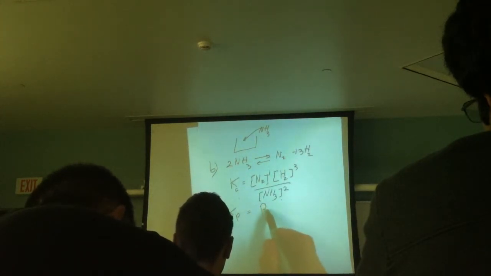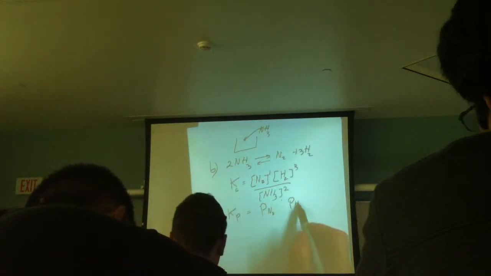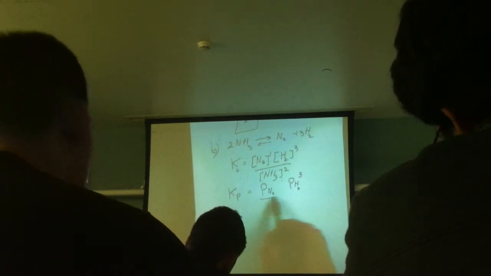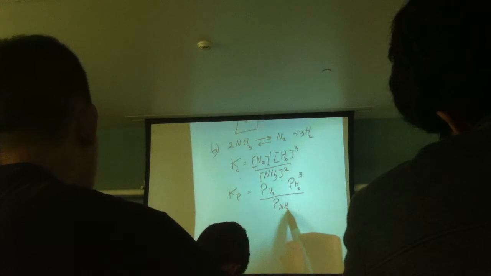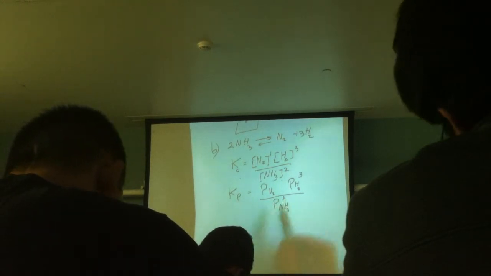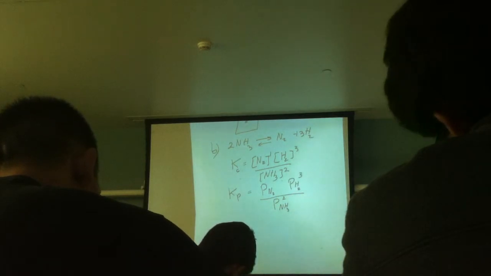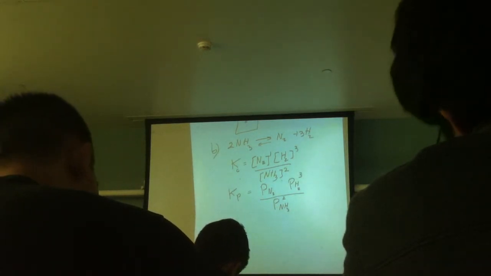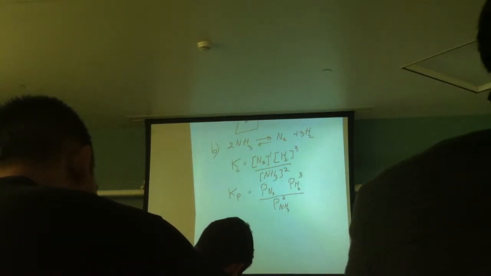The partial pressure of nitrogen, the partial pressure of hydrogen raised to the power 3, the partial pressure of ammonia. And people say, teacher, what's the relationship between concentration and pressure? If there is more gas, if there is high concentration, of course it will be hitting on the inner wall. We call that pressure.